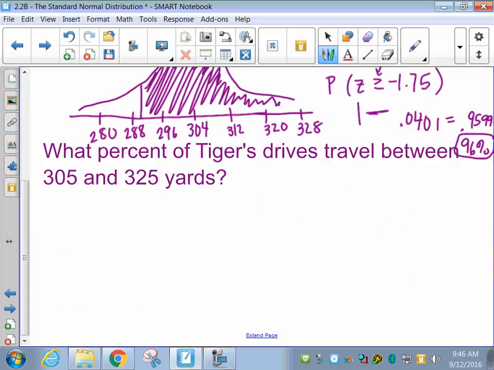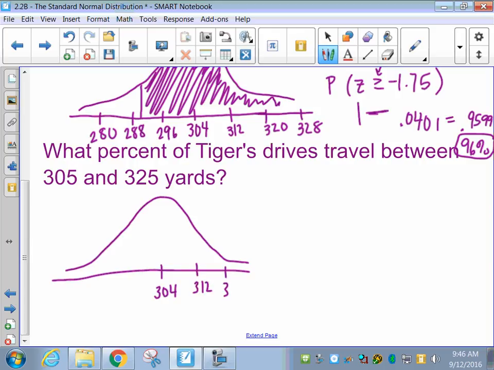All right, so we did a greater than one. The less than ones are the easy ones. And now we have to do an in-between one. So now we want to know what percent of Tiger's drives travel between 305 and 325. So I'm going to redraw my table.